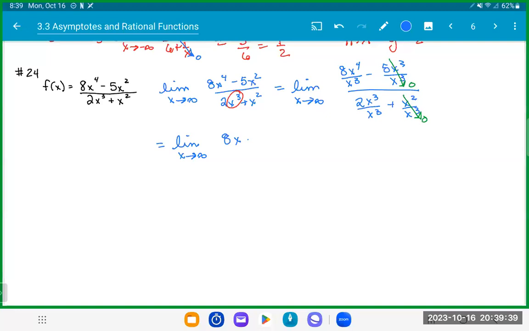So this is going to be 8x minus 0 divided by, these cancel, so 2 plus 0. So that simplifies my limit as x approaches infinity of 8x over 2. So we could simplify that as just 4x, right?